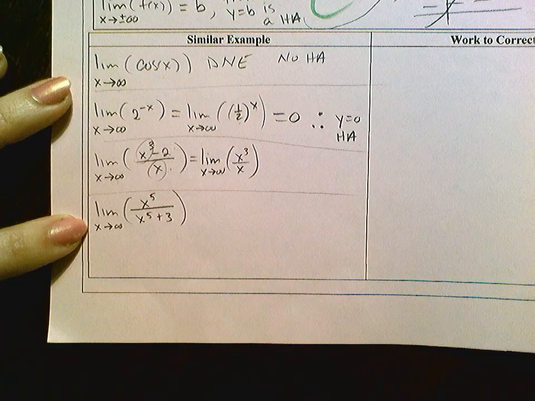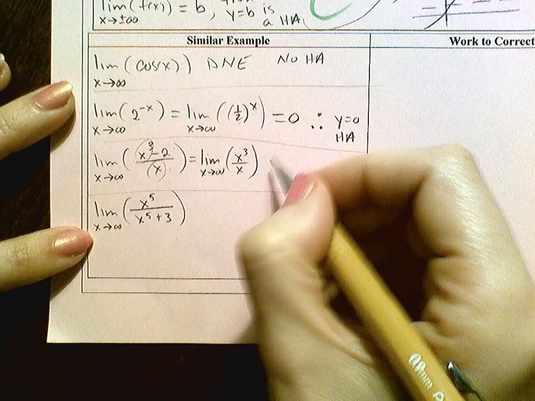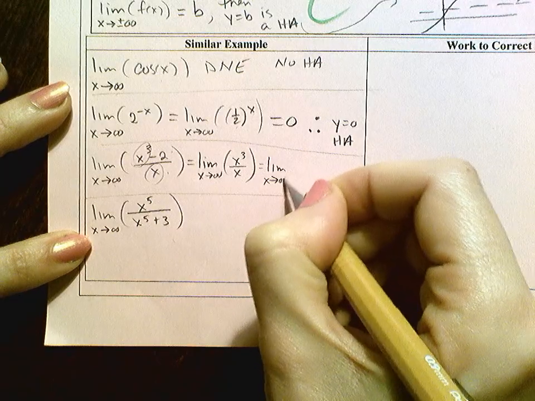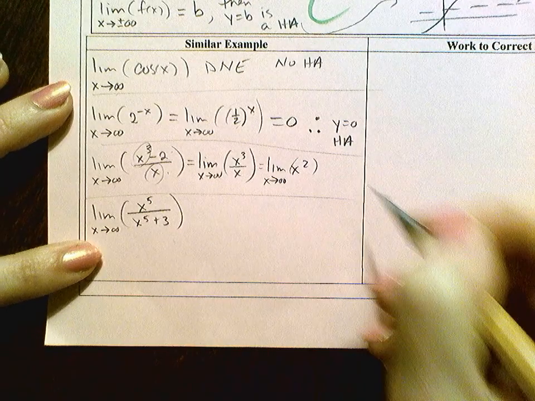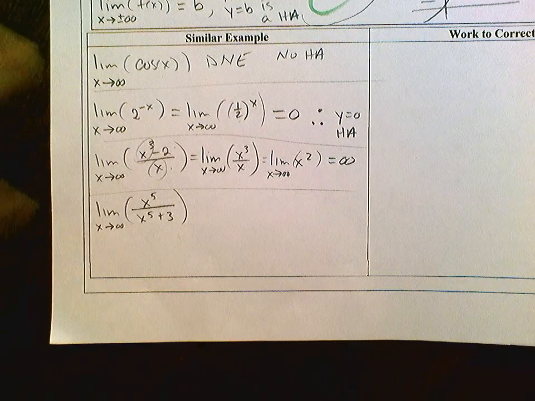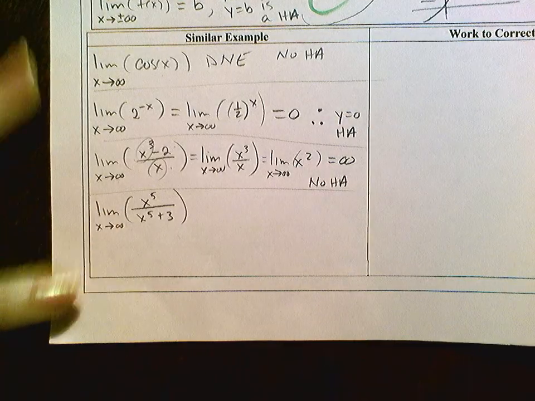Or, by the way, you could use L'Hopital's rule, because L'Hopital's rule works for infinity over infinity also. So this is the limit as x approaches infinity of x squared, which is equal to infinity, which is a form of does not exist. So there's no horizontal asymptote.